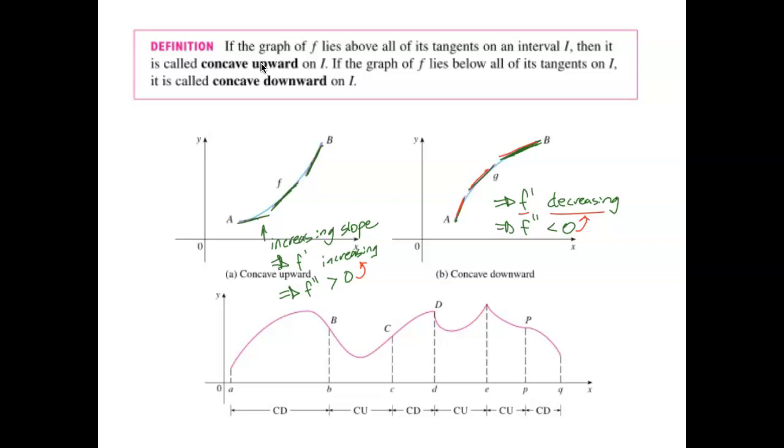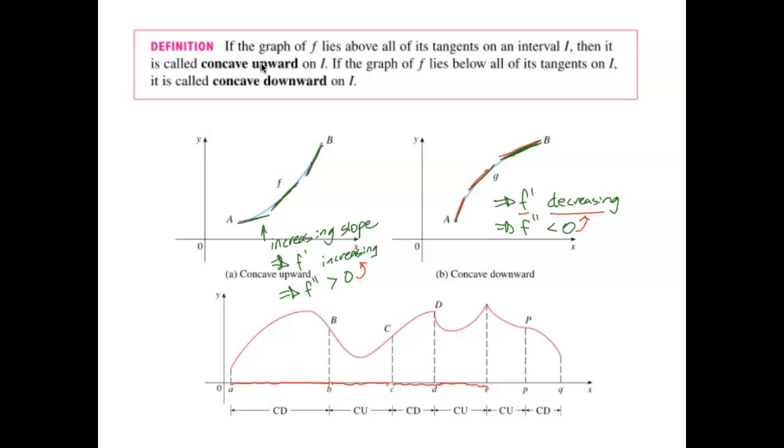All right. So you can see this little diagram at the bottom. This shows you a function with various concavities. So from A to B, we have an interval of concave down. So concave down, from B to C, concave up, from C to D, concave down, from D to E, concave up, and so on and so forth, right?